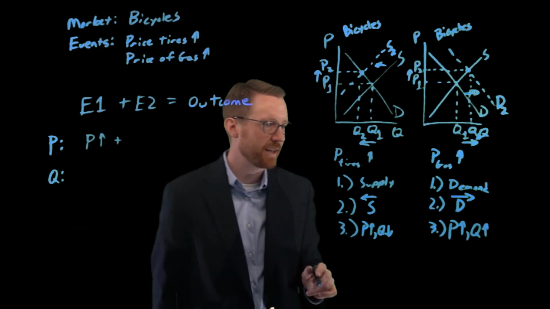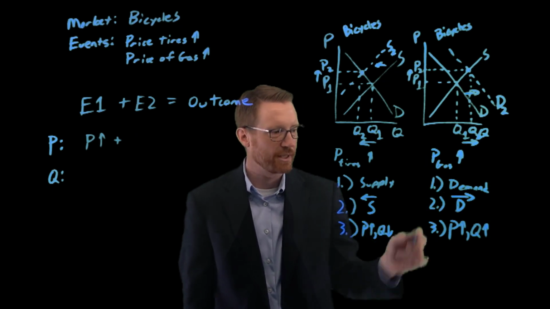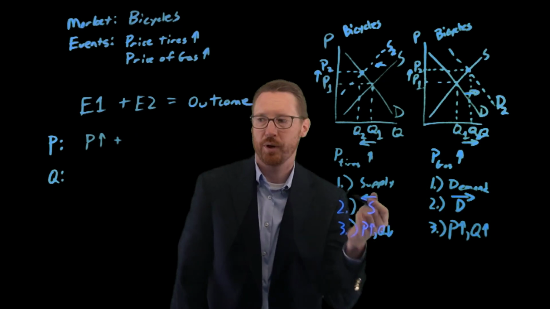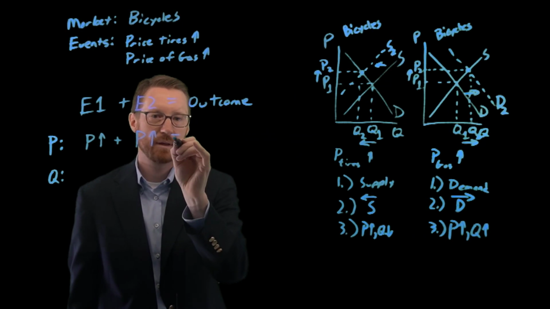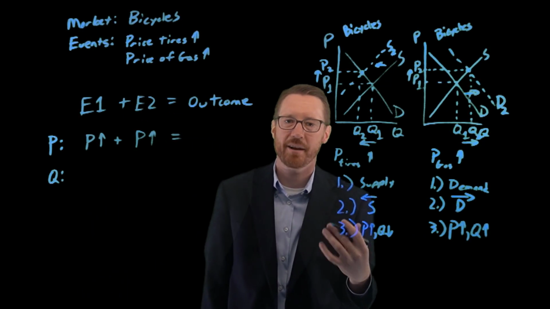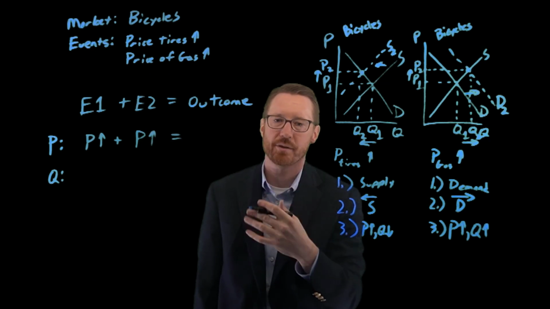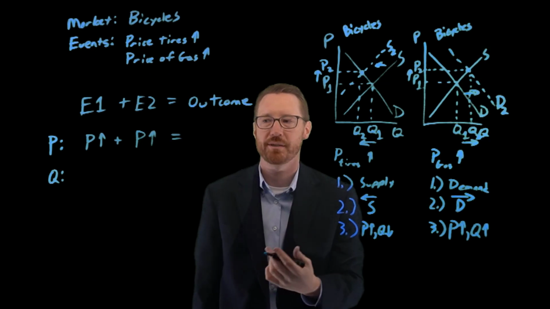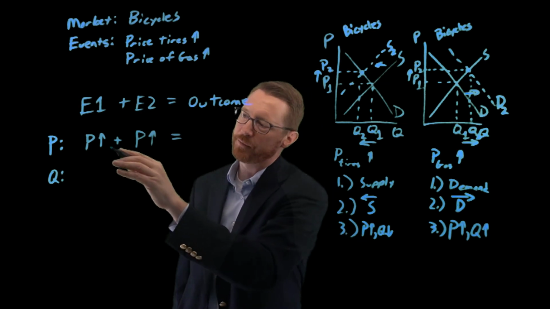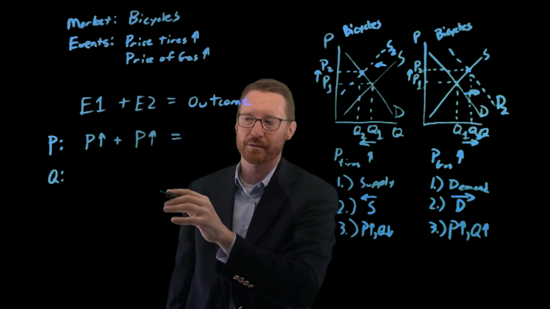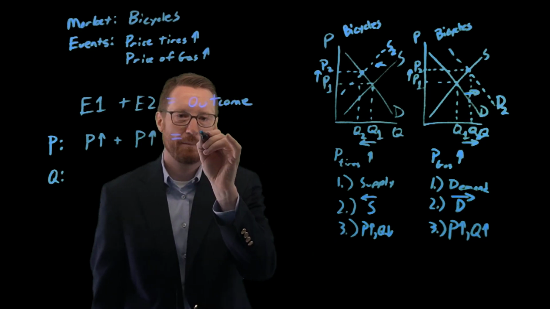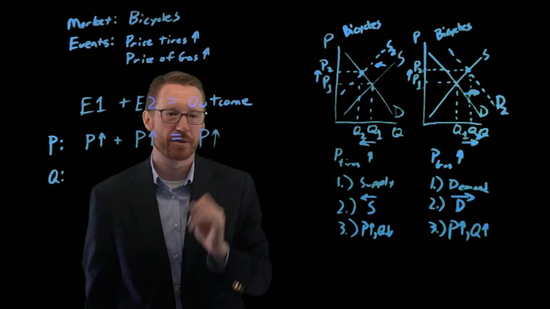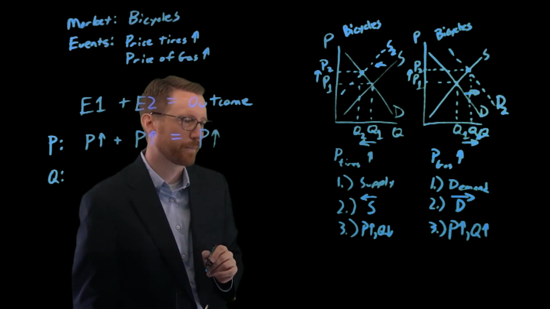Plus, our second event, gas increasing, what did that ultimately do? It pushed up the price of bicycles. So what's the total effect of both of these events taking place? Well, if the first event is pushing the price of bicycles up, and the second event is pushing the price of bicycles up, it must be that the price of bicycles is increasing.